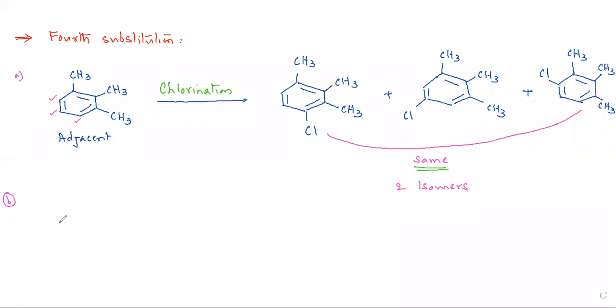Now, let us take it this way. 1, 2, 4. Now, this is unsymmetric.